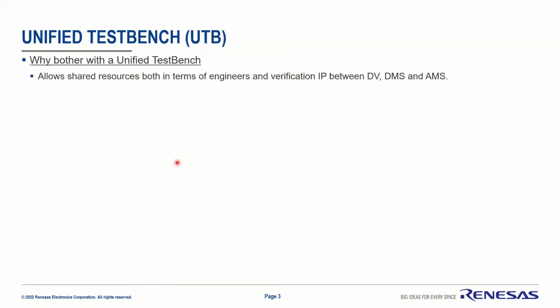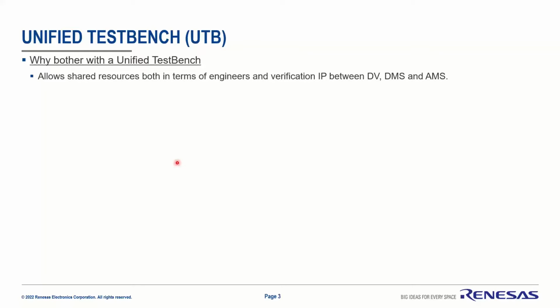So why would we want to bother with a unified test bench? Why not just leave it that the AMS people and the DMS people have their own environment? Why try and complicate matters? Well, often you want to share resources. Normally your digital verification is running ahead of any analog one because the analog ones take a lot longer to run.